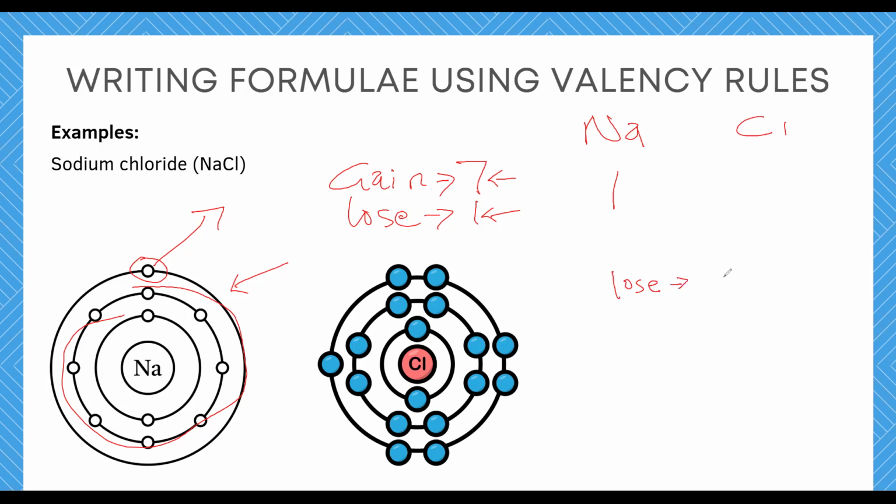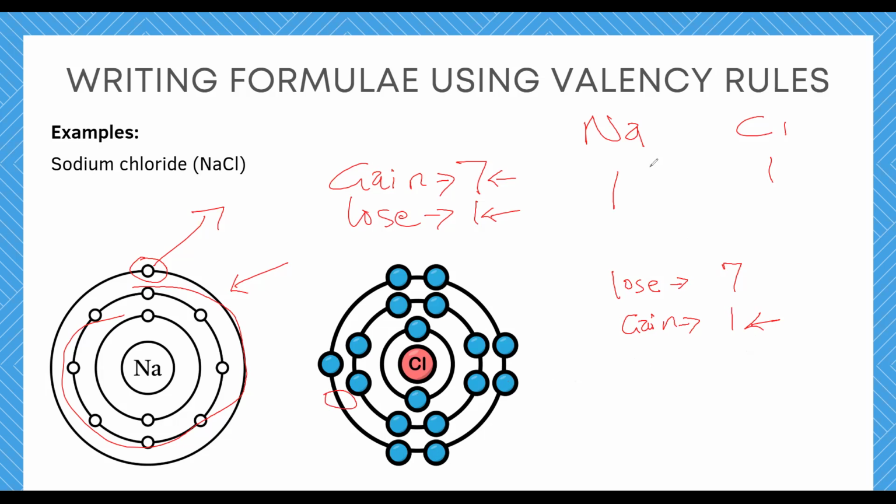It needs to lose seven, and it needs to gain one in order to have eight. Good. So what's the valency now? One, because the lesser number is 1. If it gains 1 electron, it has reached 8.